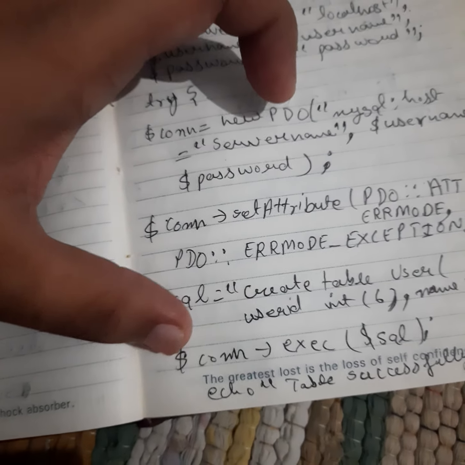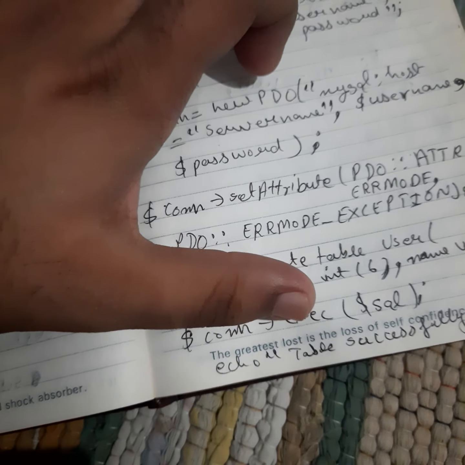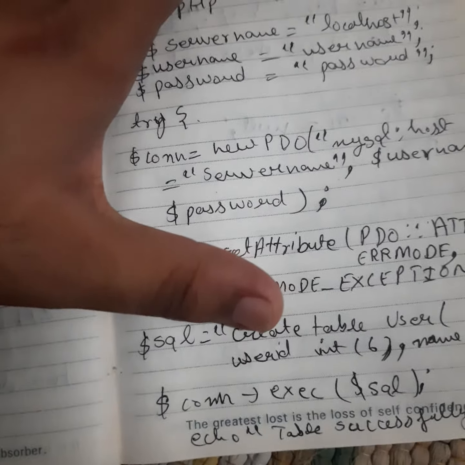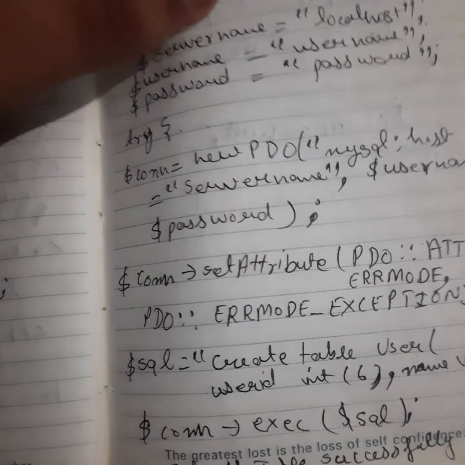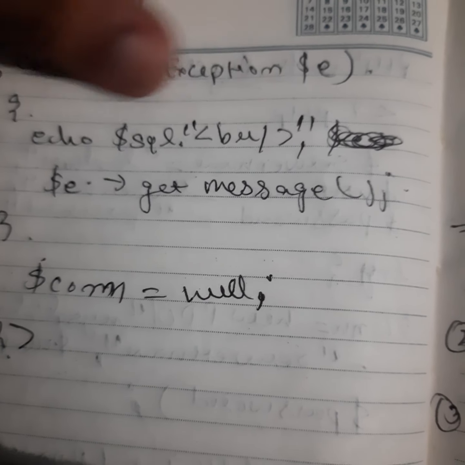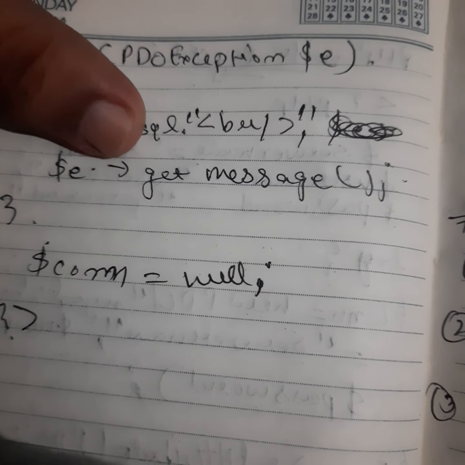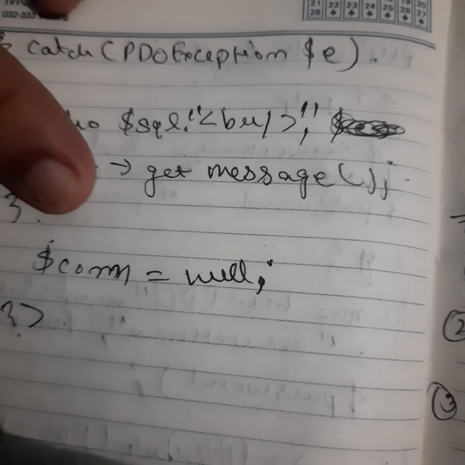You just saw that line: con exec SQL, exec is used to execute that SQL. Then we create a catch: PDOException $e, then echo $sql, br, then $e get message.